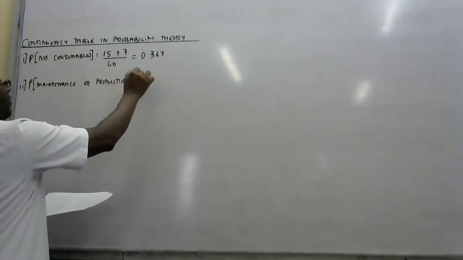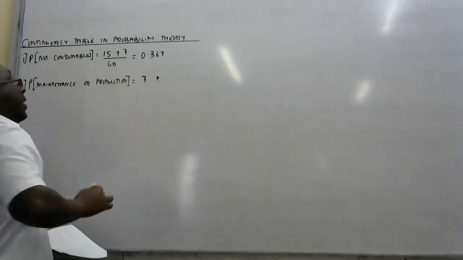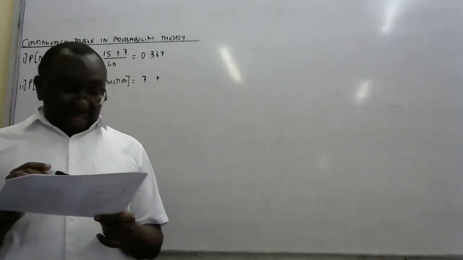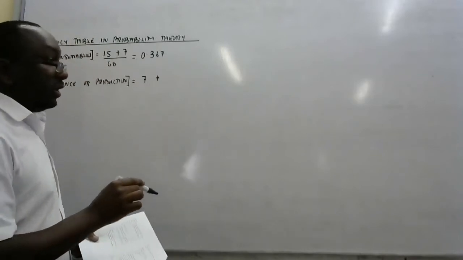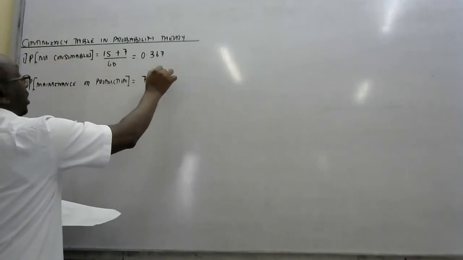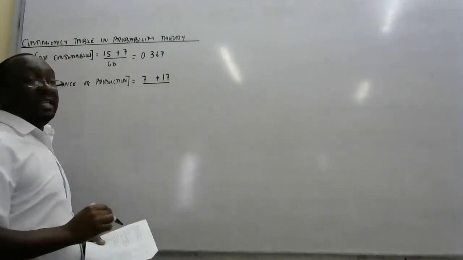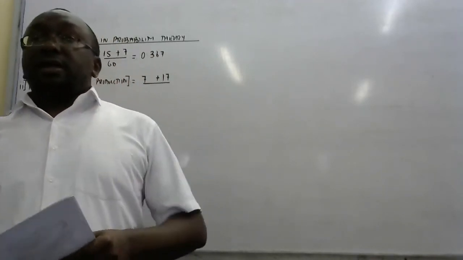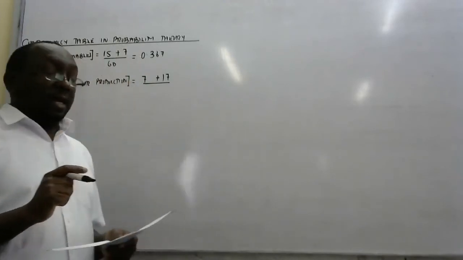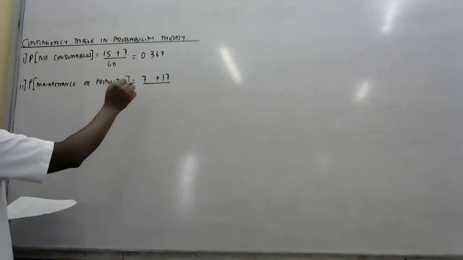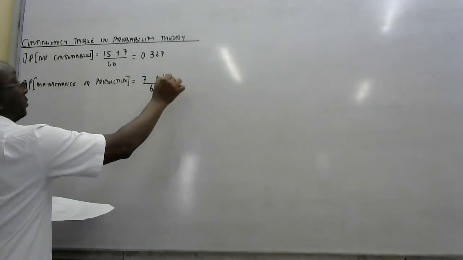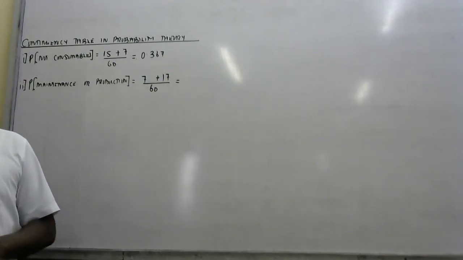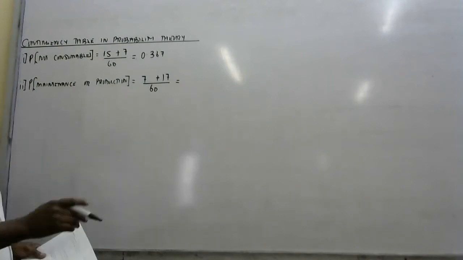Maintenance has a total of 7. When you see the word or, it means plus. Production is 17. And because they do not intersect, there is nowhere they meet there, so there is nothing to subtract. So you divide by 60. 0.4.